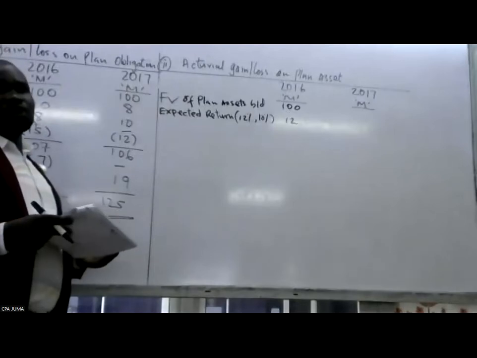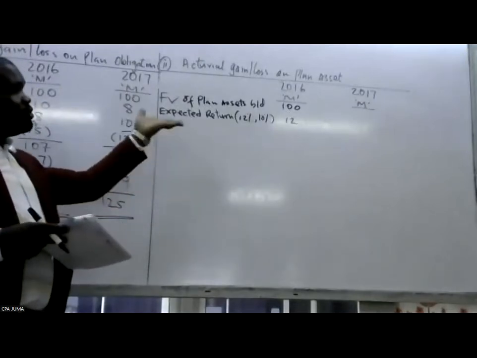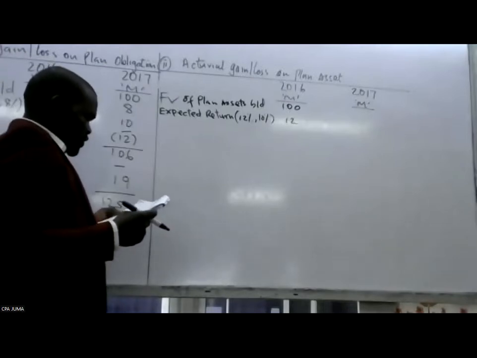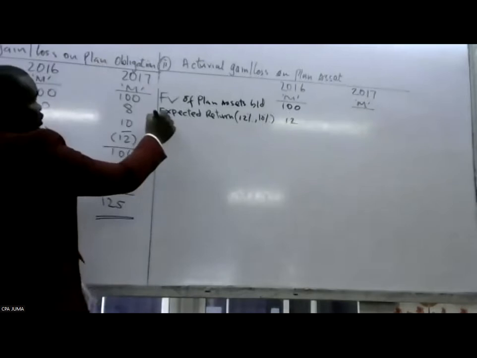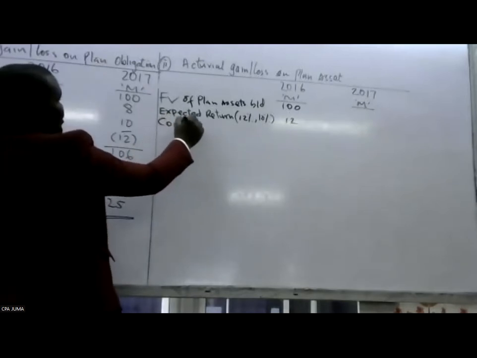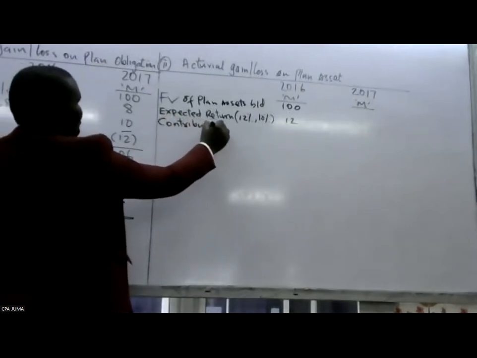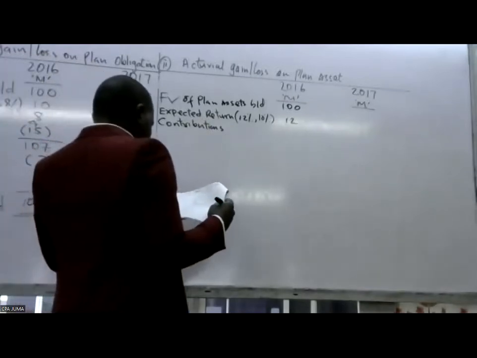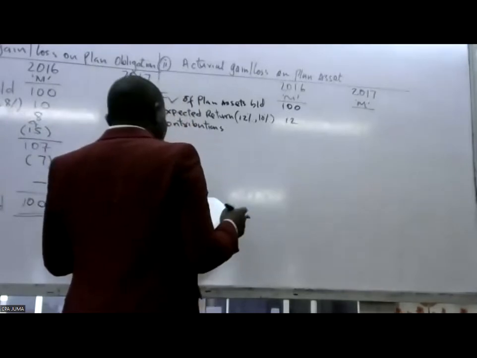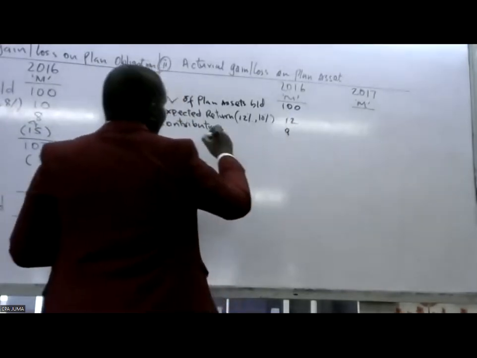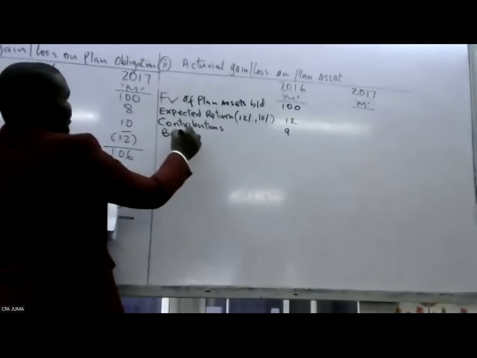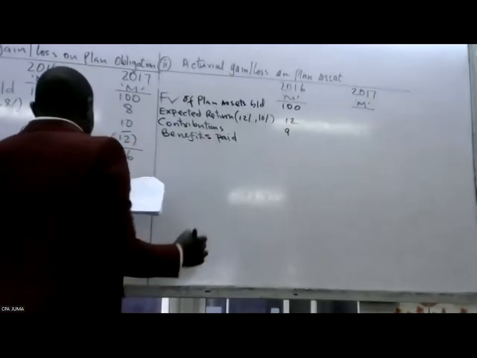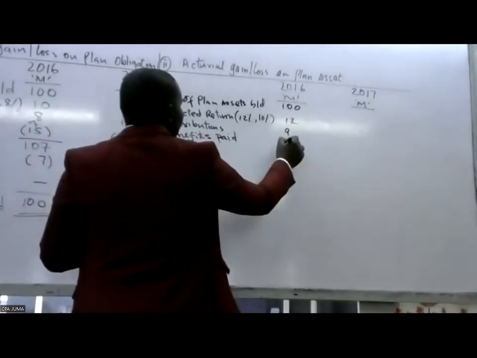So our savings will be adjusted with interest of 12. Then there are contributions to the scheme. Contribution will increase our asset base. Contribution was how much? 9. When benefits are paid, you reduce benefits paid. How much? 15.